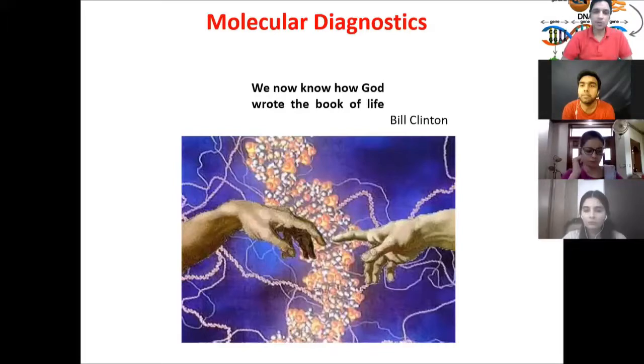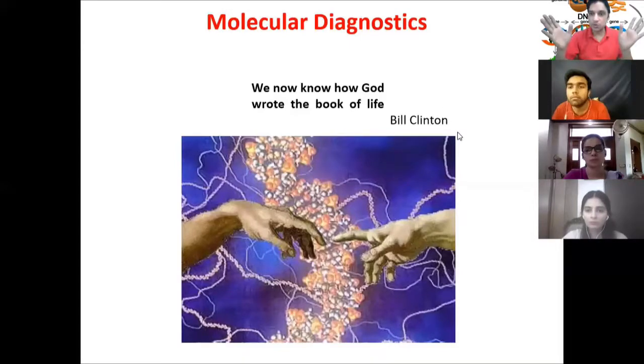All the complicated versions of life out there are written with just 4 alphabets. We need 24 alphabets in certain languages to express ourselves and to communicate with each other. God has used just 4 alphabets to create all versions of life.